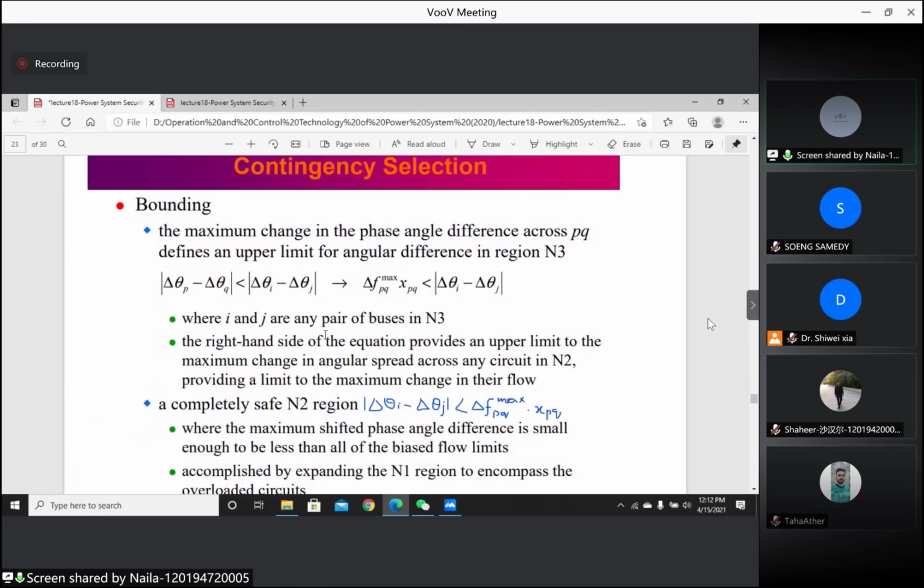Here I and J are any pair of buses in N3, and the right side of the equation provides an upper limit to the maximum change in angular difference across any circuit in N2, and it provides the limit to the maximum change in the flow.